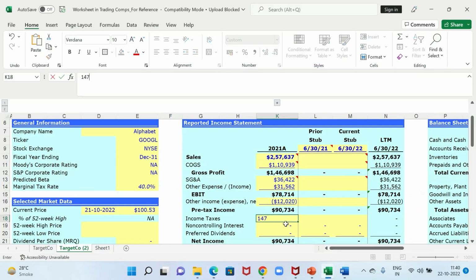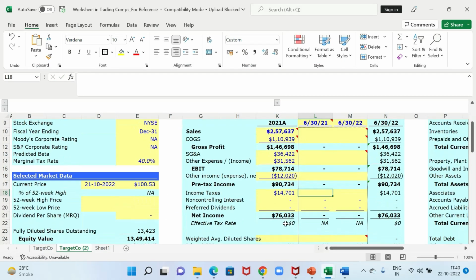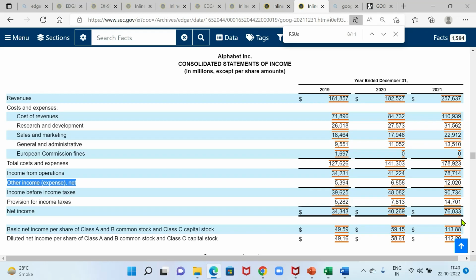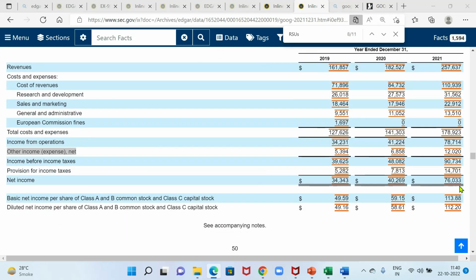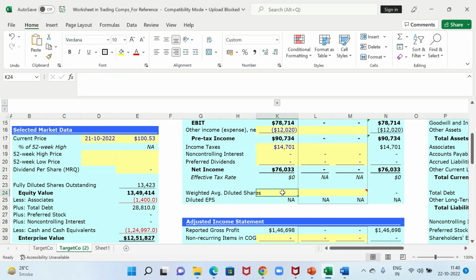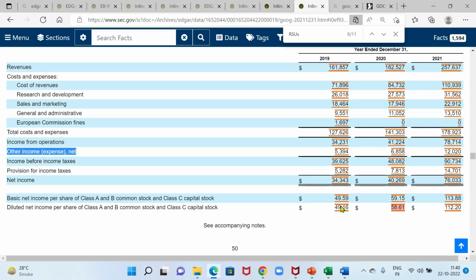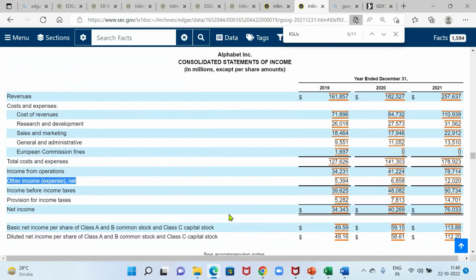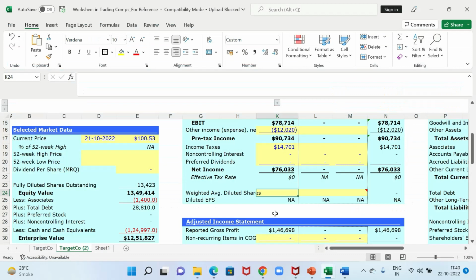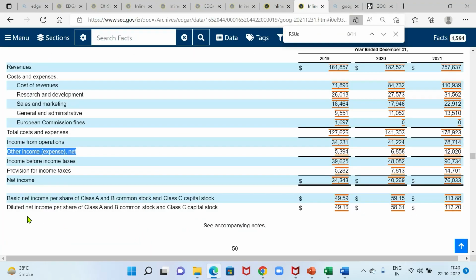So pre-tax income is in sync with this: income before income taxes is 14701. 76033 is my net income. Now see diluted shares. Now I have to search for diluted shares so that my EPS matches.